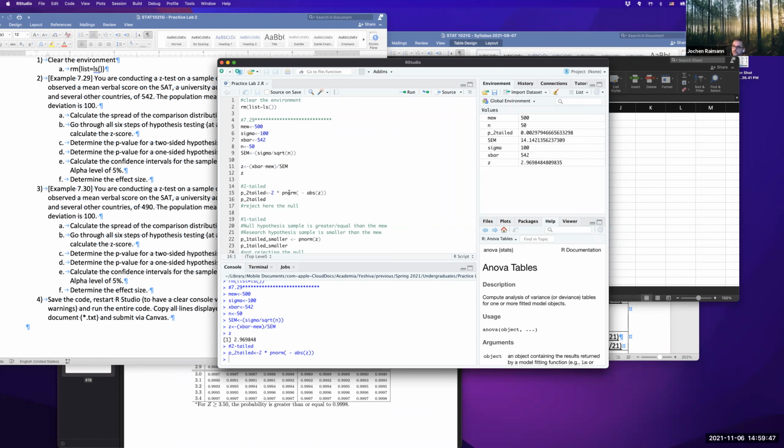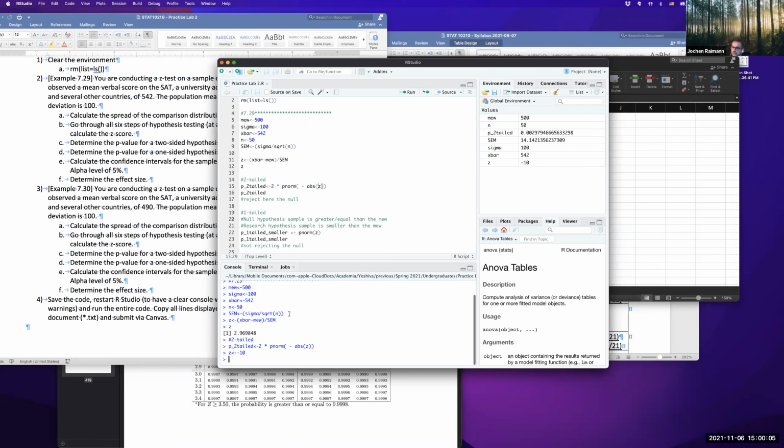With the P two-tailed, it's P norm. So you want to always take the negative here, because the negative is the small one. So if set equals -10 and you do abs set, this will always get you a positive.